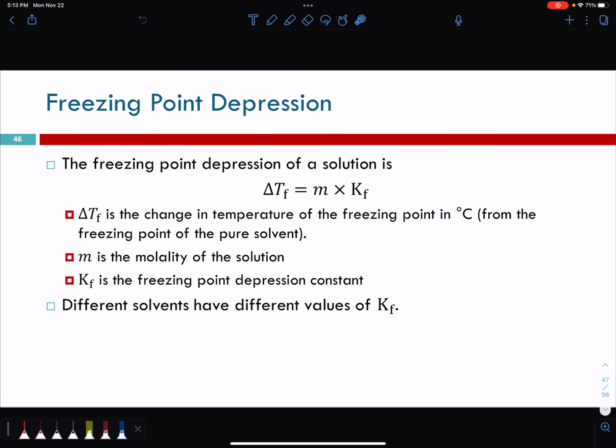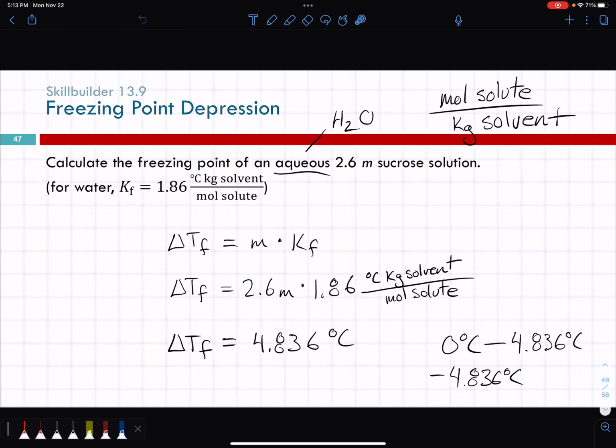Using molality, which is lowercase m, and a constant, we can calculate how much our freezing point will be changed from its normal freezing point. So multiplying molality by that constant, again, here we had 2.6 times 1.68, gives us 4.836. So our new freezing point is negative 4.836. Right, freezing point depression, so it lowers it.